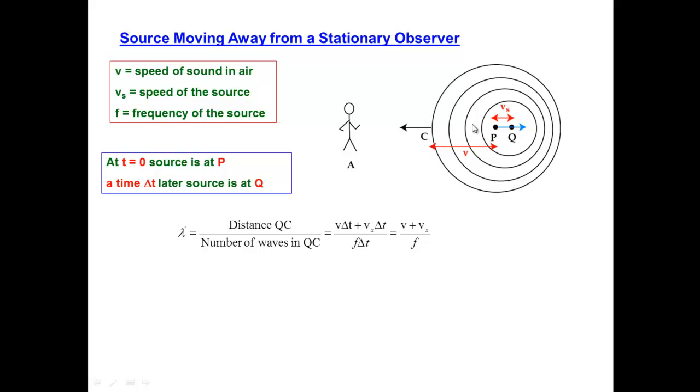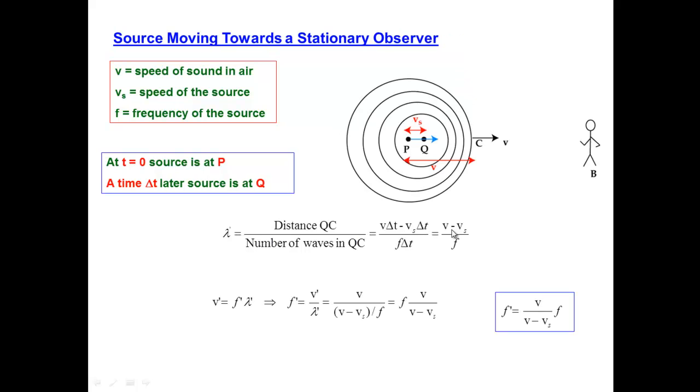The same effect applies to an observer who is watching the source move away. The only difference here is that the wavelength appears to increase rather than decrease. And so the only thing we have to do, if I go back for a moment to the previous slide, is take the minus sign and change it into a plus sign.